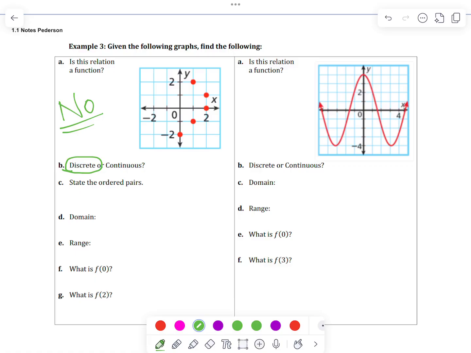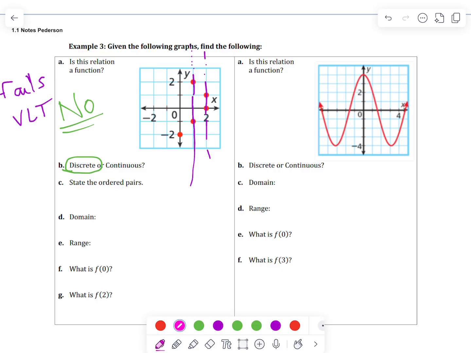Why it's not a function, one way is you can tell by what we call a vertical line test. If we run a vertical line through here or a vertical line through here, it fails the vertical line test. It hits more than once.